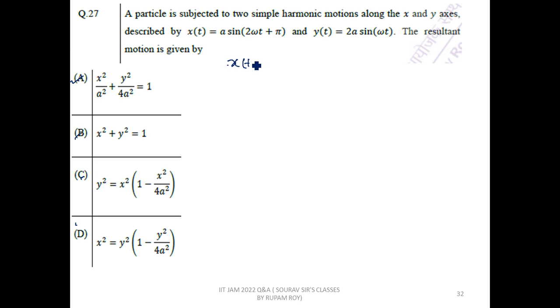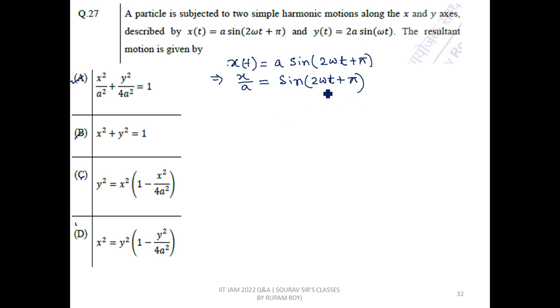Now x(t) is equal to a sin(2ωt + π). So x by a will be sin(2ωt + π).